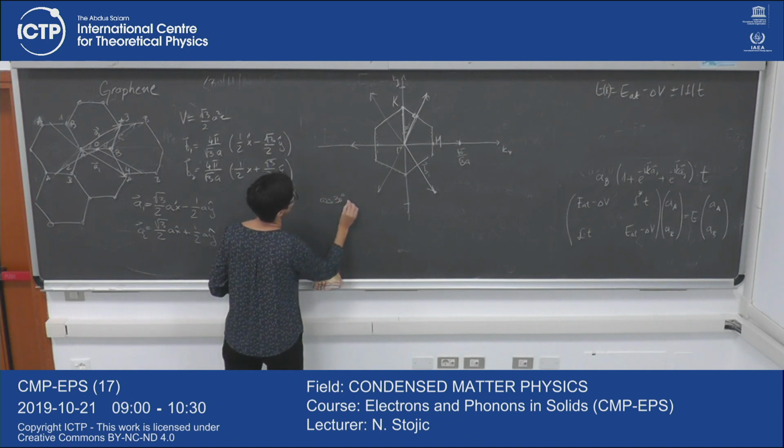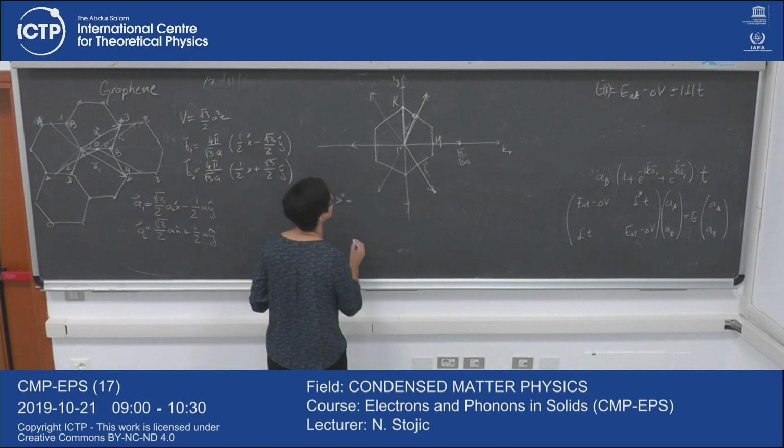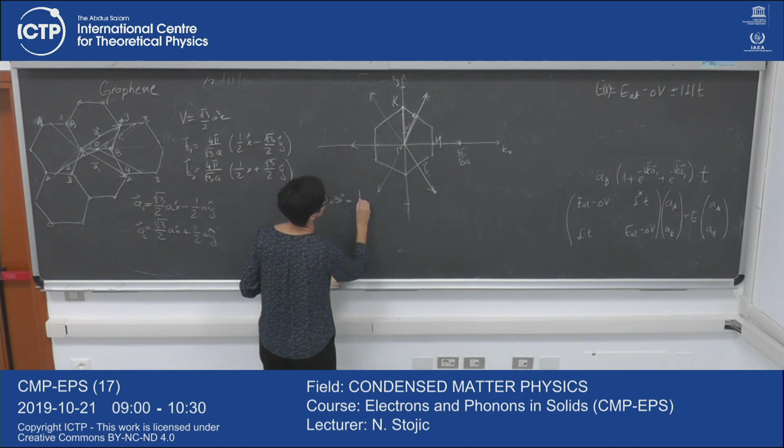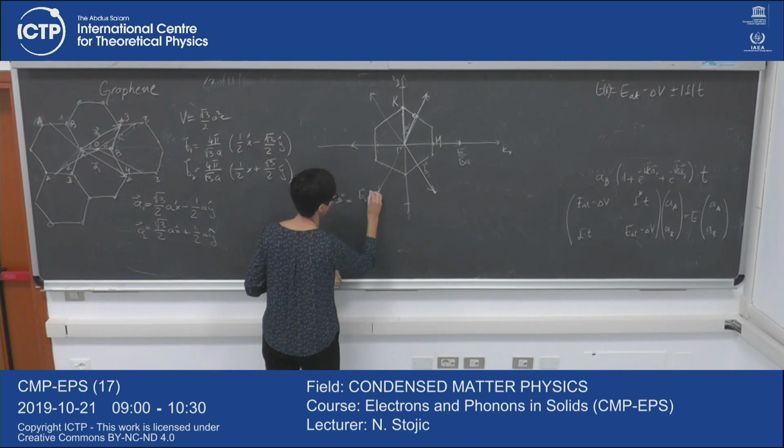Cosine 30 is equal to 1/2 of B, this is B2, divided by gamma K.